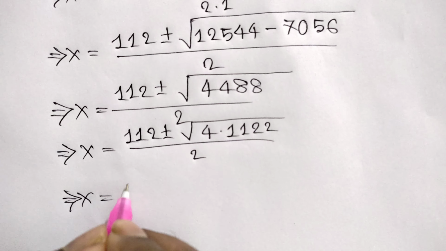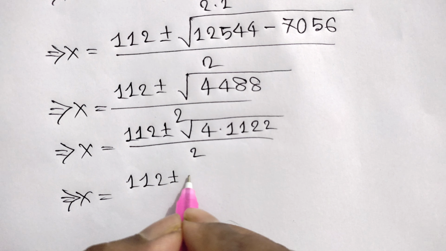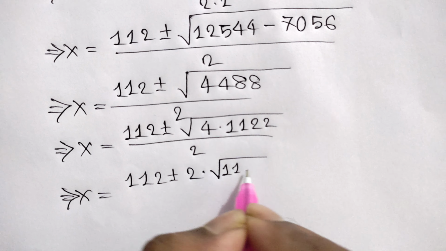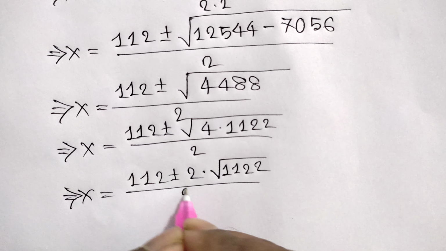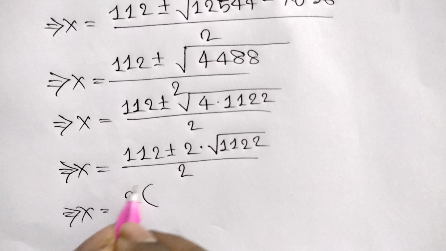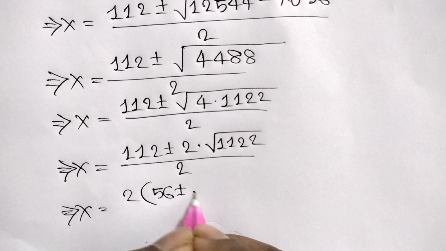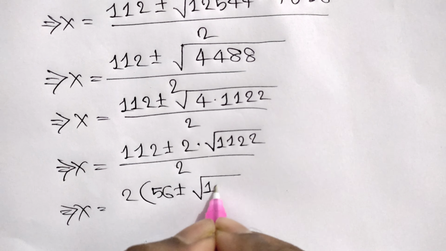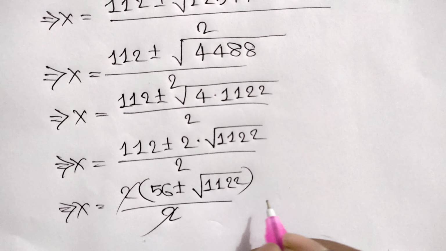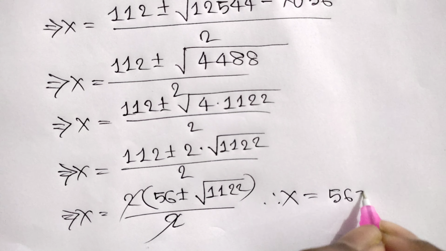We know square root of 4 is 2, so we can write 2 times the square root of 1122 over 2. Now taking common 2, here we will get 56 plus or minus square root of 1122 over 2.